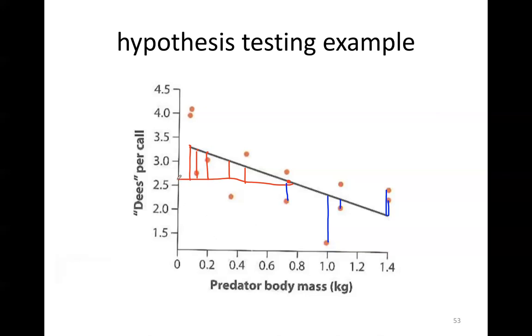If this is our mean, we're trying to decompose the total sum of squares, the distance between each value and the average, this magenta line, as the distance between the predicted values and the mean, and the distance between the predicted values and the observed values.